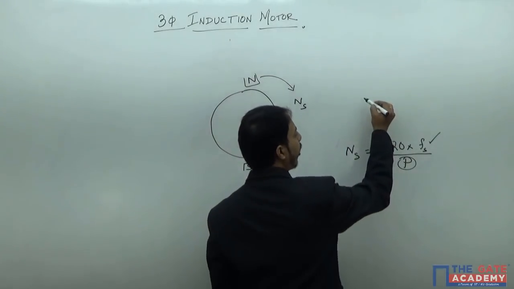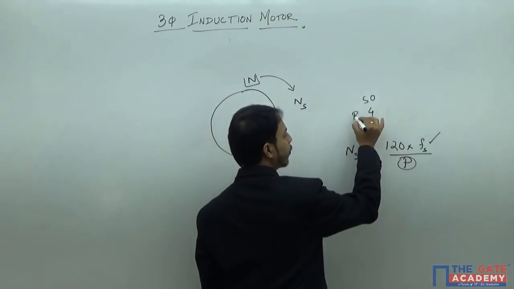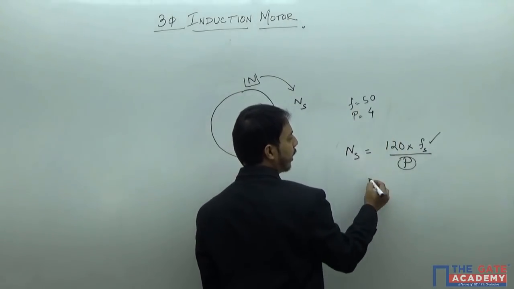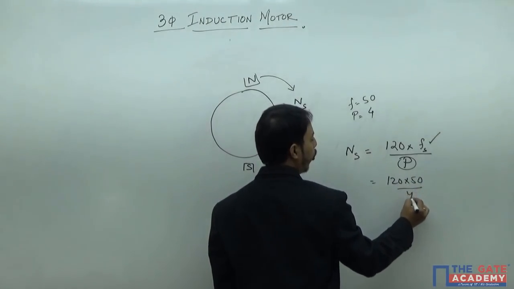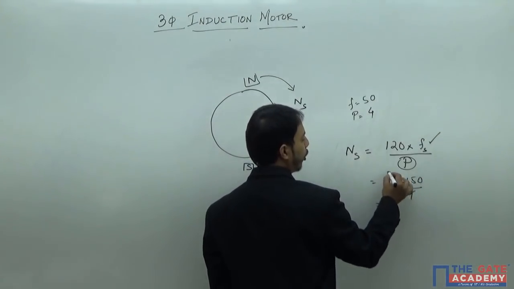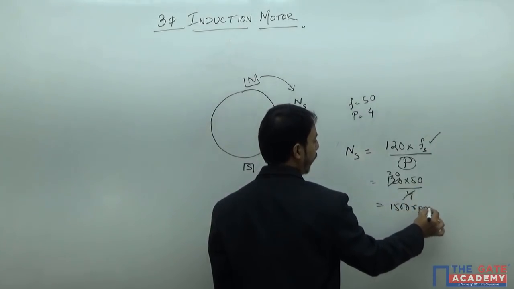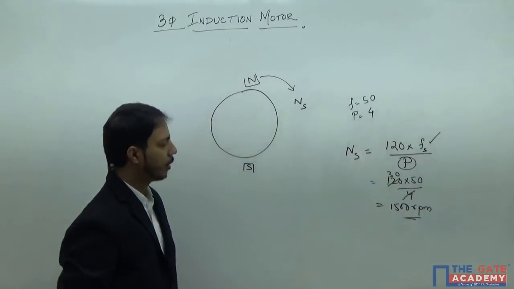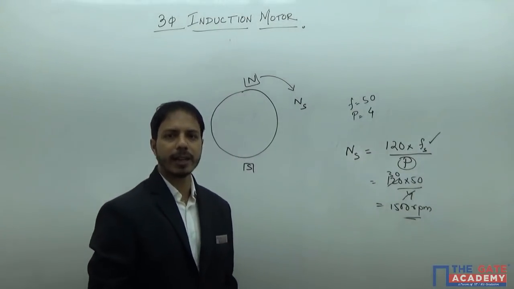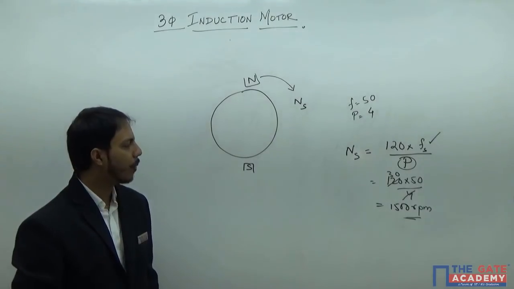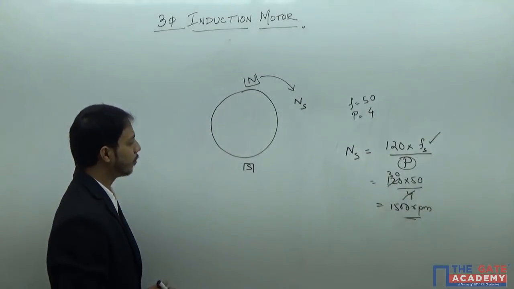Suppose I have a 50 hertz supply and 4 poles. The synchronous speed will be 120 into 50 by 4, which is 1500 RPM. So this rotating magnetic field will rotate at 1500 RPM, which is the synchronous speed for this situation.